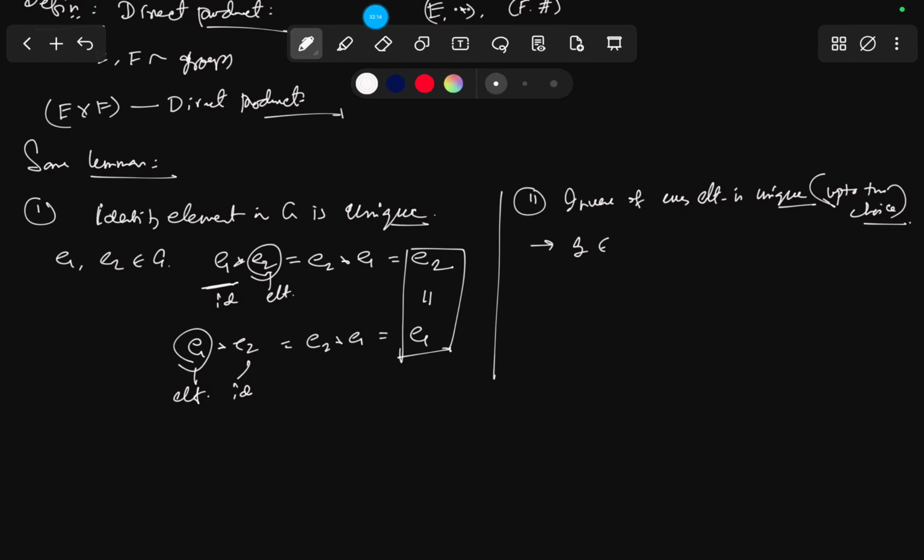Let small g in capital G have two different inverses, one is G1 and one is G2. That means G times G1 is the same as G1 times G, which is E, and similarly G times G2 is the same as G2 times G, which is E. Note that I'm excluding the binary operation here. I will not write the binary operation star between the elements every time. I will just write G1 and G or G and H, whatever it may be. You have to understand it by default.